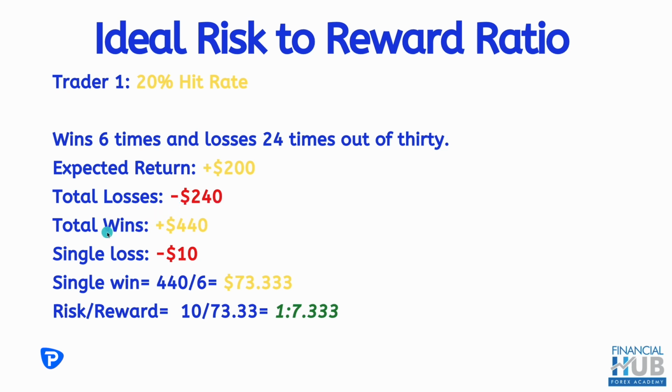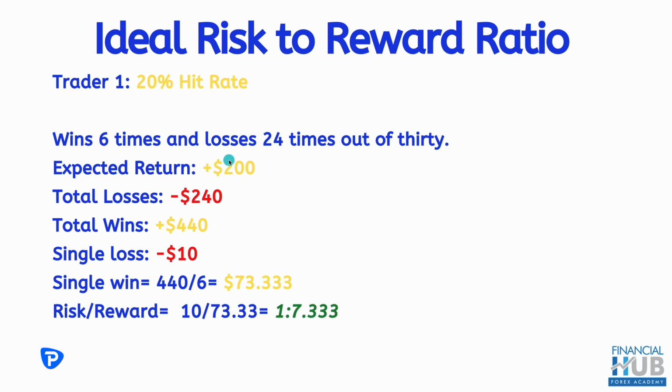Our total wins is 440, but how do I come to get 440? Basically, I need to cover my losses for me to meet my objective at the end of the month, at the end of the quarter, I mean. So if I'm having 240 losses already, how much more should I win for me to be able to cover my loss and still make $200?